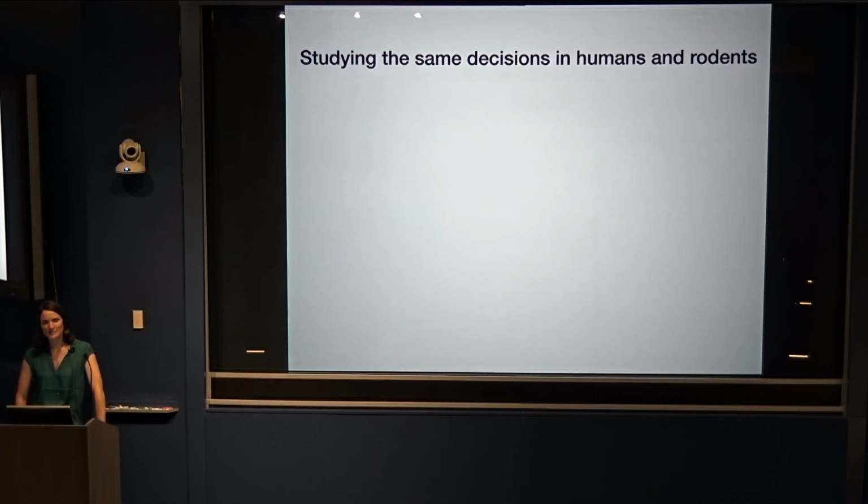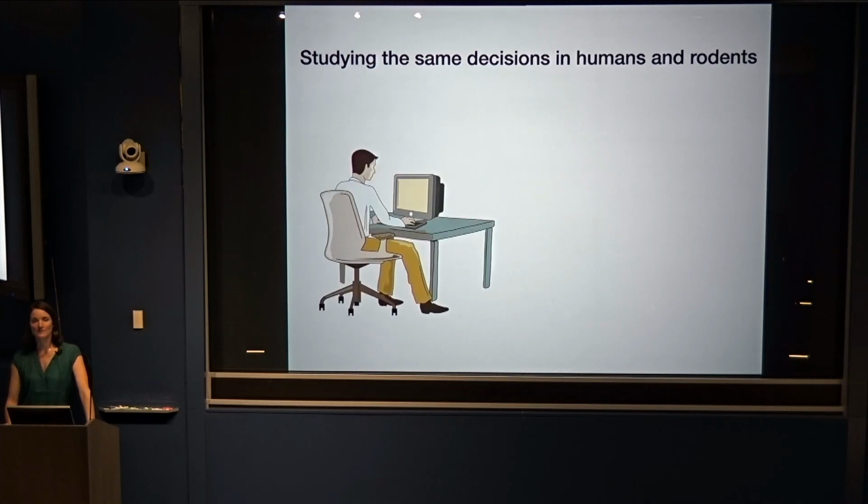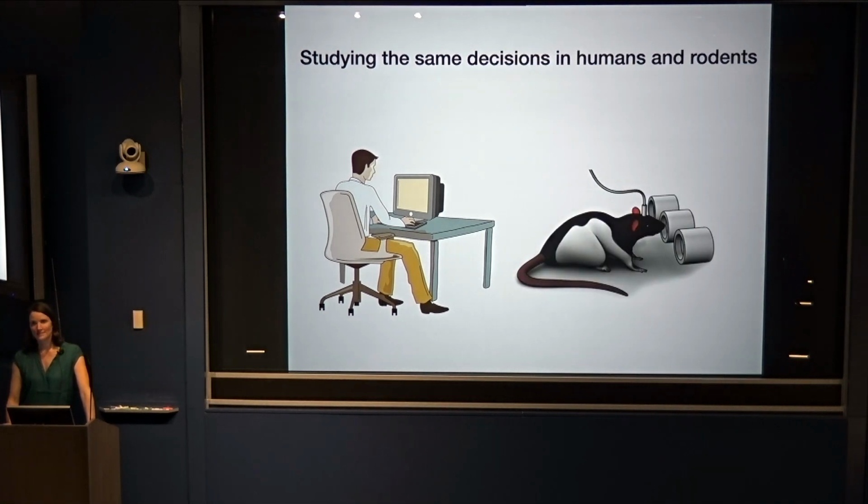So we made a decision task where humans and animals judge the repetition rate of a stimulus. It's either a series of flashes or a series of clicks, or sometimes both together. And we could study these in both species because in humans, they could report their decision about the stimulus rate by a key press on a computer. And with the rodents, they could report their decision about the same stimulus by making a movement to either a left or a right choice port, indicating their choice by breaking a little infrared beam that was in the center of the port.